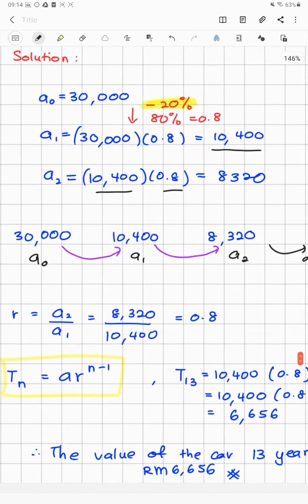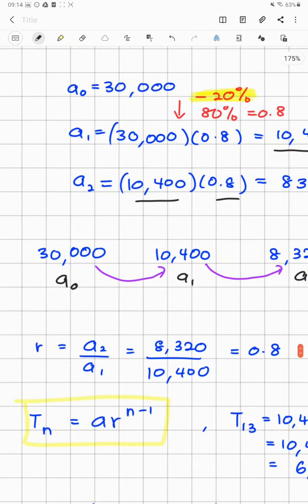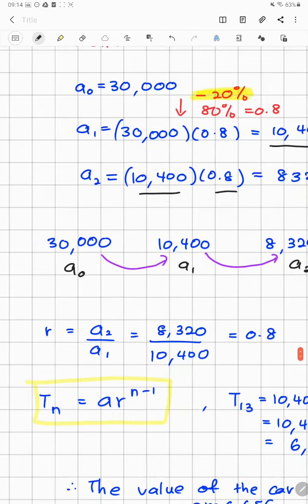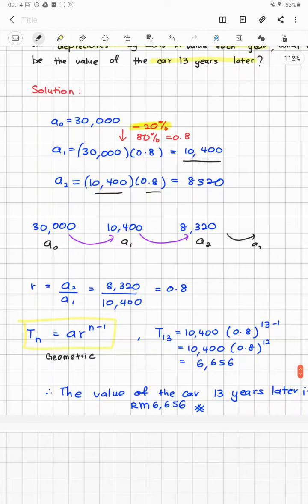So itu automatically adalah geometric punya case. Okay, so we know they want us to find 13 years later. So Tn equals to A R^(n minus 1). This is the formula for geometric. Jangan keliru. Kalau arithmetic yang tadi tu A plus (n minus 1)D, itu Tn formula dia. So Tn formula for geometric is A R^(n minus 1). So just substitute the value, T13.